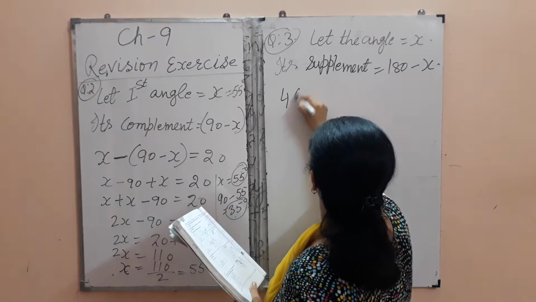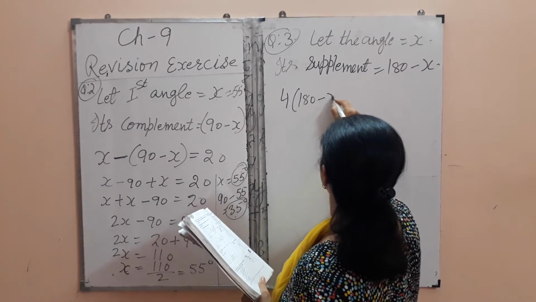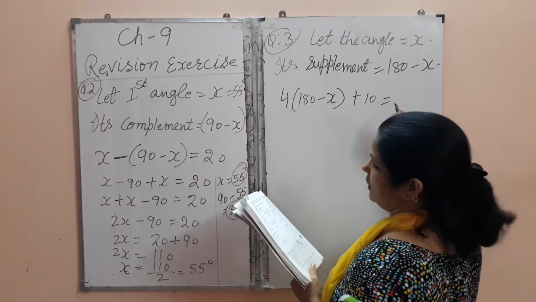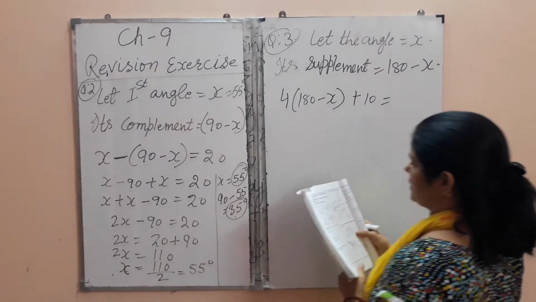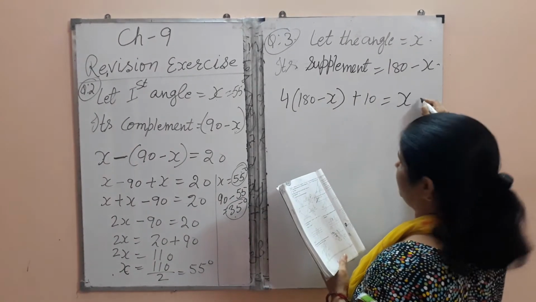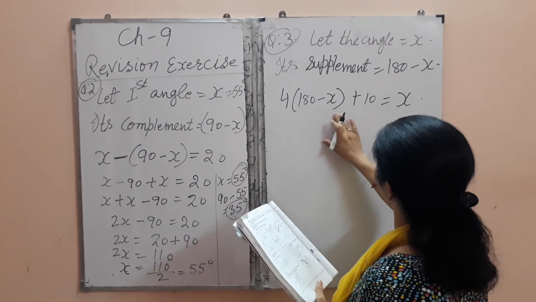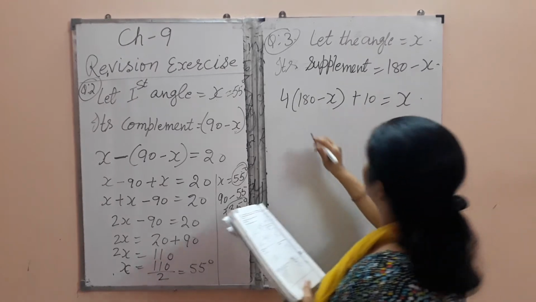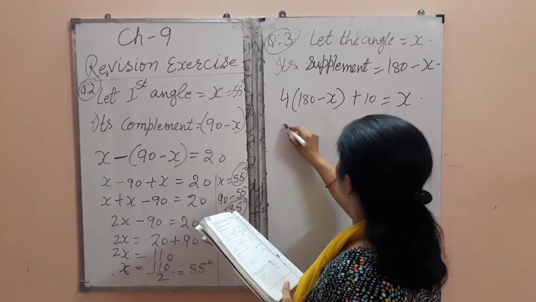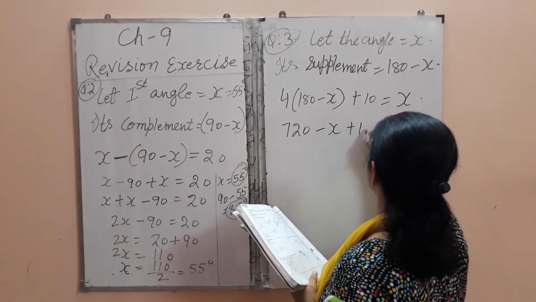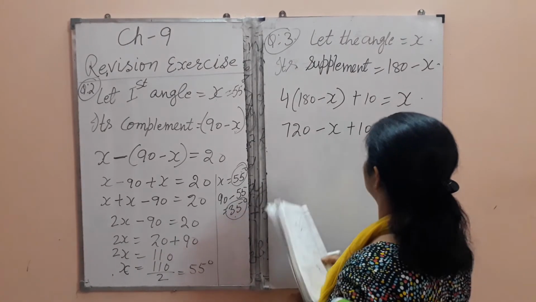So 4 of 180 minus x plus 10 equals to x. So we will multiply: 720 minus 4x plus 10 equals to x.